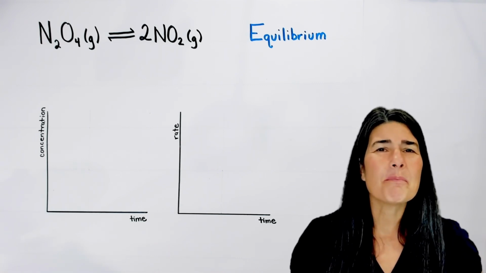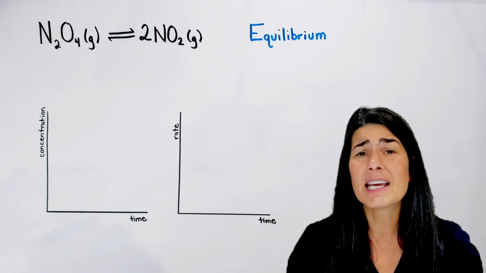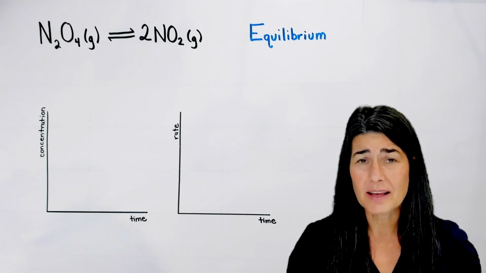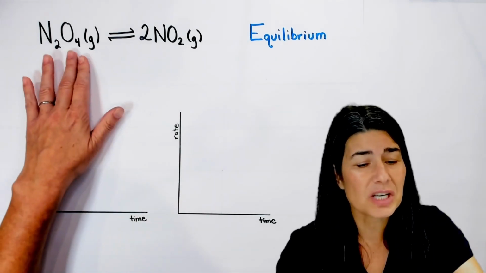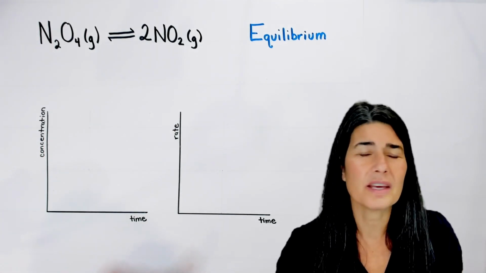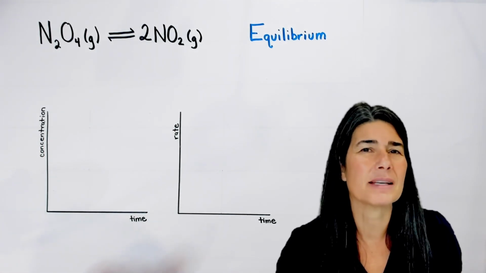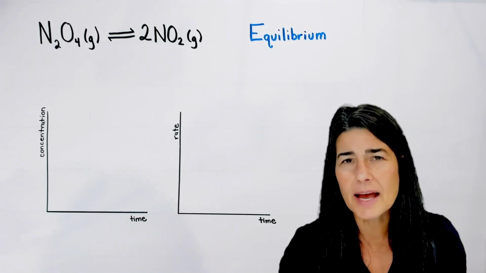But that word balance can get chemistry learners in trouble. In fact, it can be a huge misconception. What we do not mean by equilibrium is that we achieve balanced amounts. That's not true. Equilibrium is not balanced amounts on each side. Instead, it's something else entirely.